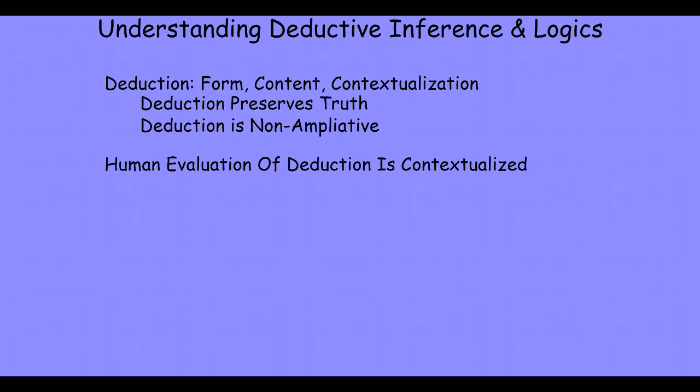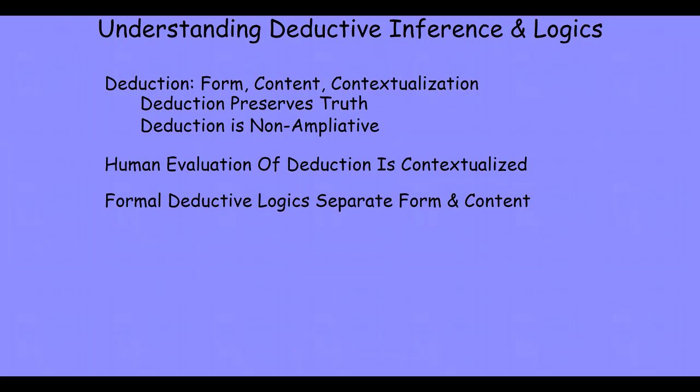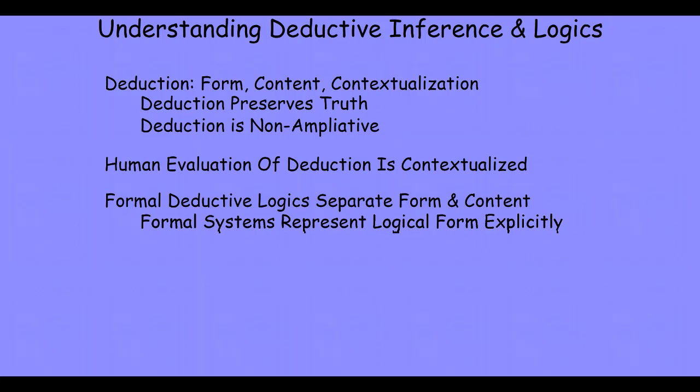When we look at human beings' ability to evaluate and formulate deductive arguments, we see that our native capacity tends to be highly contextualized. And we'll talk about all the different ways in which deductive inferences are affected by content and context. Formal deductive logics represent an alternative to this in that they make the underlying structure, the logical form of the argument, explicit, separating it out from the content so that we can evaluate the underlying structure independently of the cognitive biases.